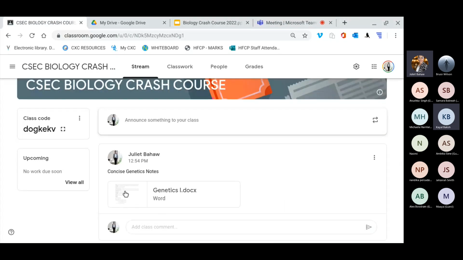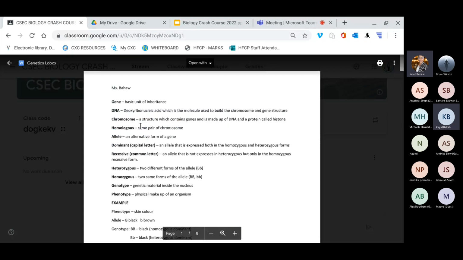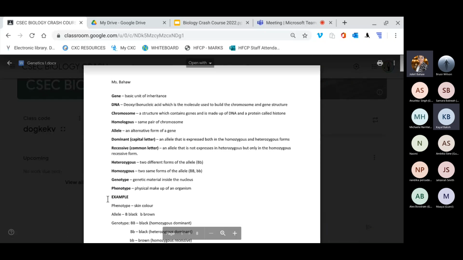Right, so just for you to get a clearer idea of these terms: what is a gene, what is DNA, chromosome, homologous, allele, dominant, recessive, heterozygous, homozygous, genotype, phenotype. These are terms you want to know because at the beginning of any genetics question, sickle cell anemia could come in.